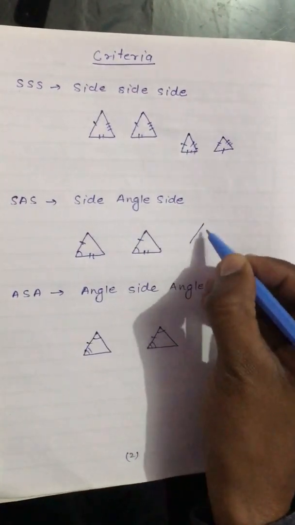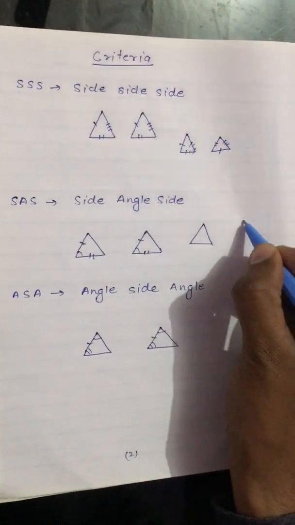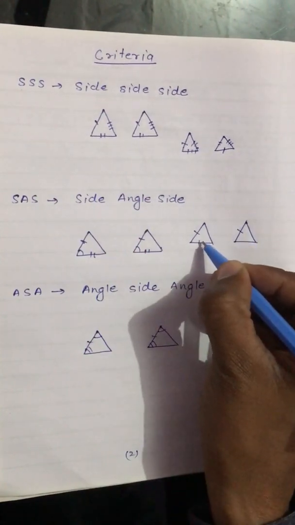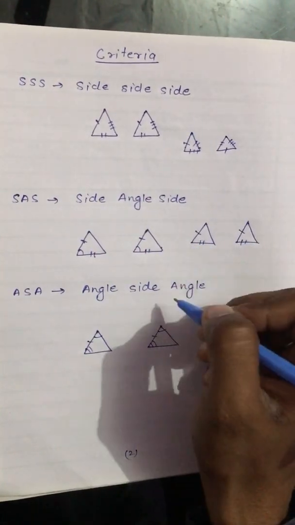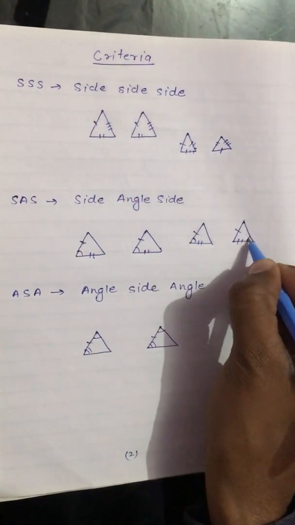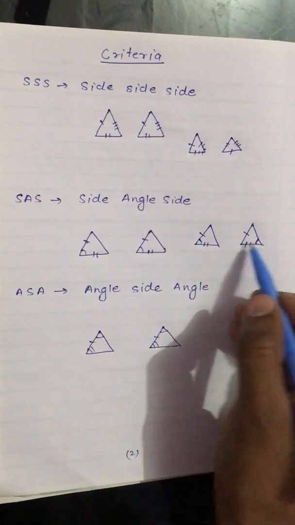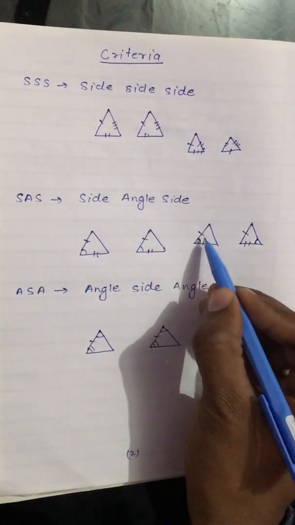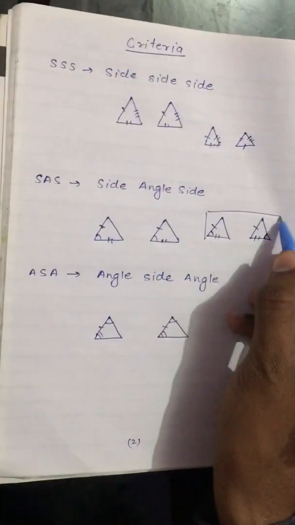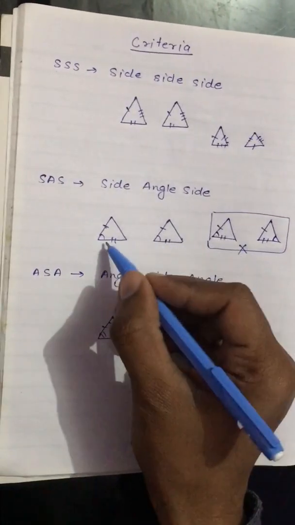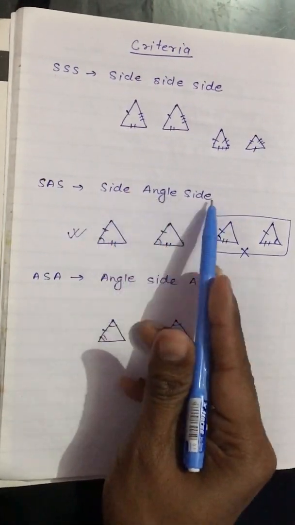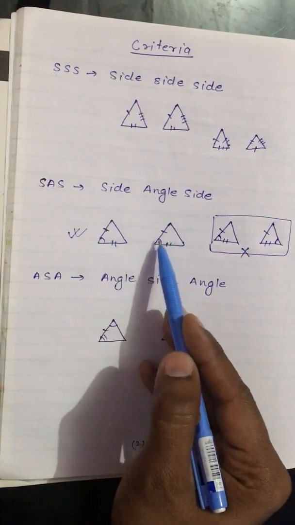Suppose I draw this triangle and this triangle, and this side equals this side, and there is an angle here equal to the angle here, so it cannot be congruent, because here this angle is between two sides, but this angle is not between these two sides. But this is a congruent triangle, because you see side angle side, side angle side.